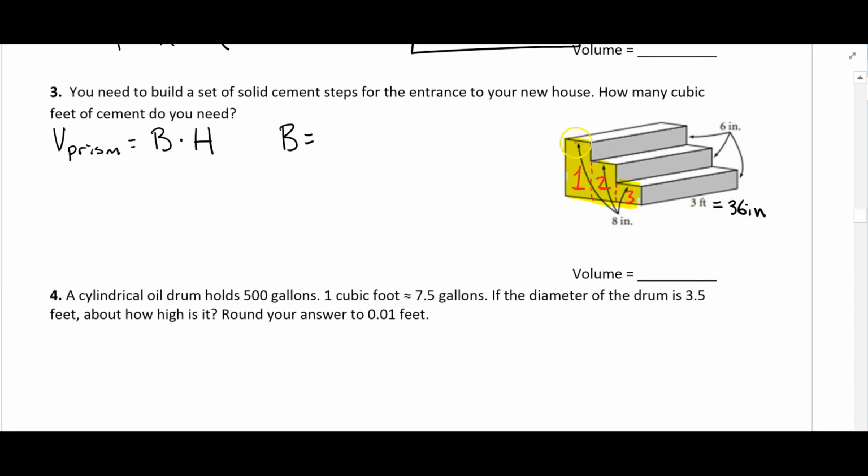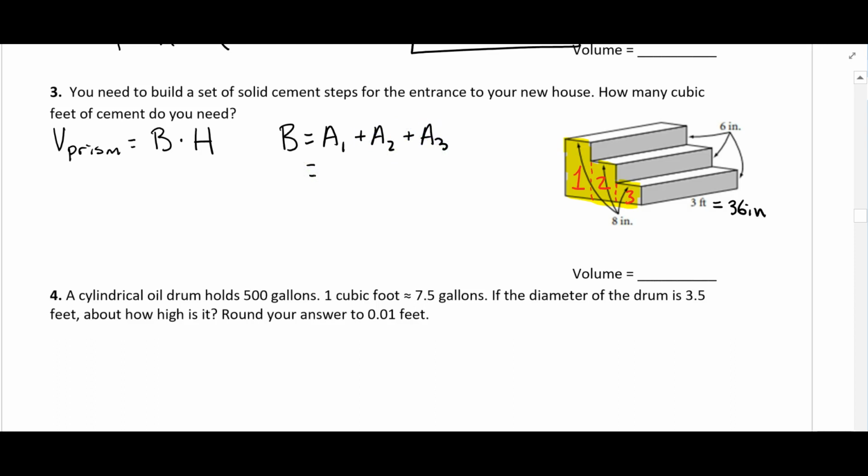So this yellow base here is going to be the sum of these 3 rectangles. So I'm going to find that as the area of rectangle 1 plus the area of rectangle 2 plus the area of rectangle 3.